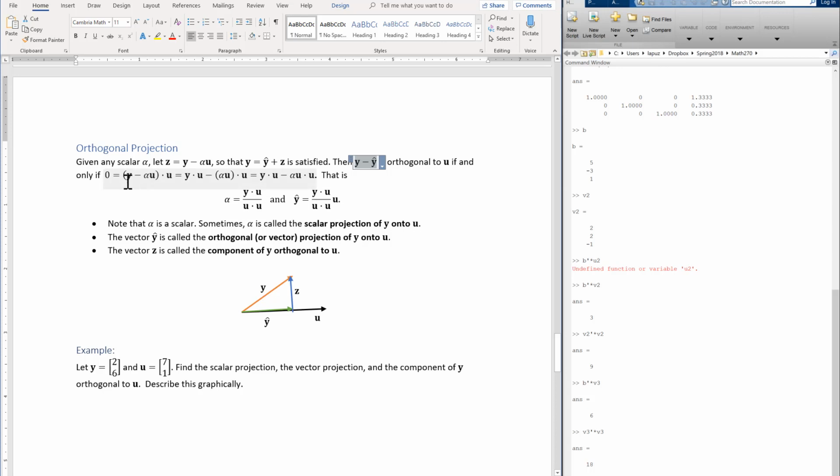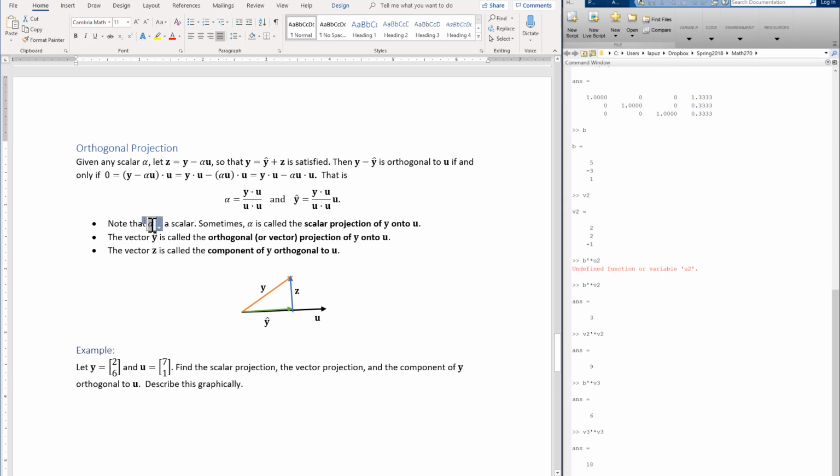So they derived the formula for these things where if z is in fact perpendicular to u, then the dot product is equal to 0. And so what we get there is a formula for the scaling factor. This is how much we need to scale u by, and then if we take that and multiply it by u, then we're going to get the y hat value.